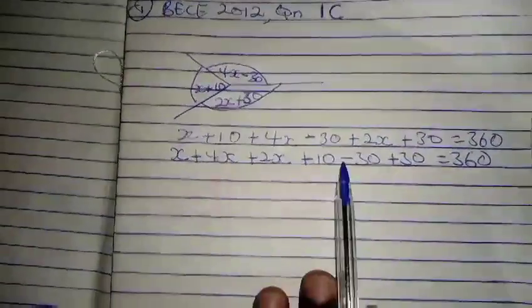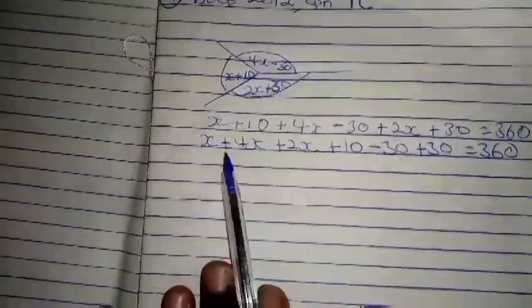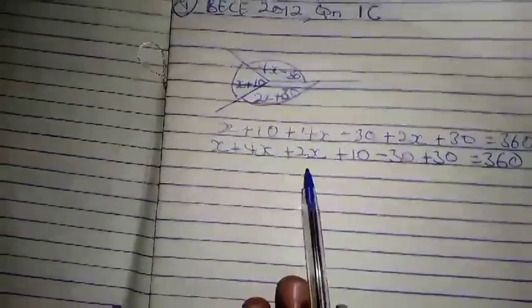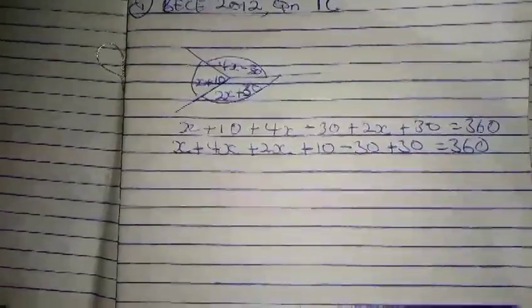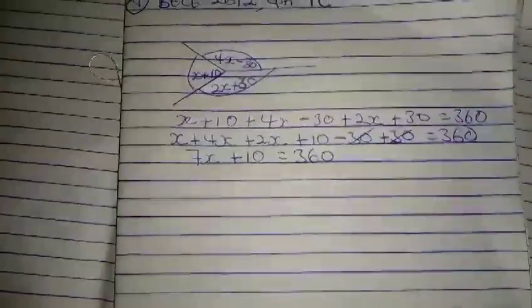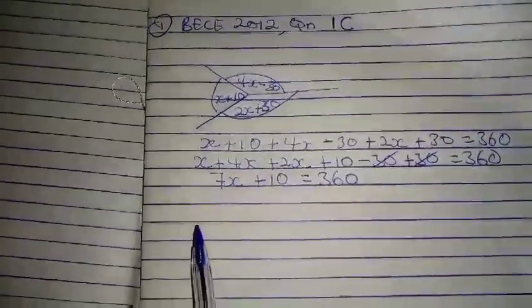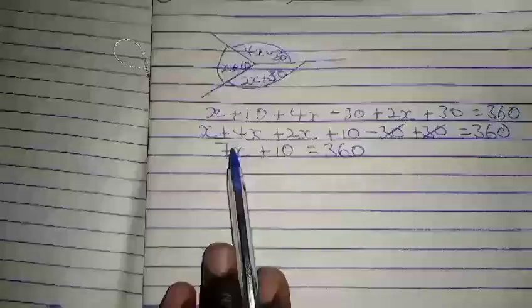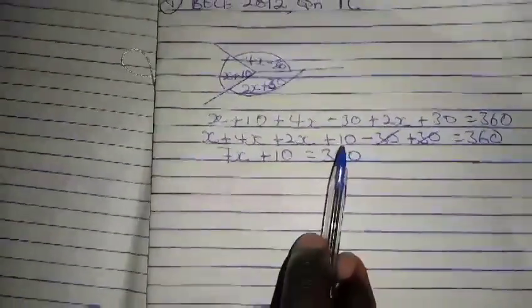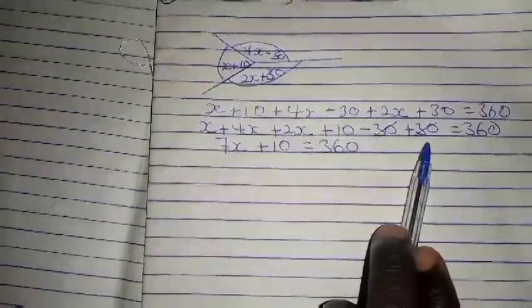After simplifying, you group like terms, that is the x terms and the numerals. So you are getting x plus 4x plus 2x, which is 7x, and then 10 minus 30 plus 30.